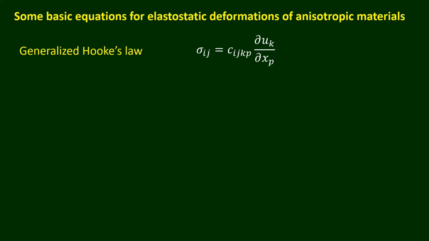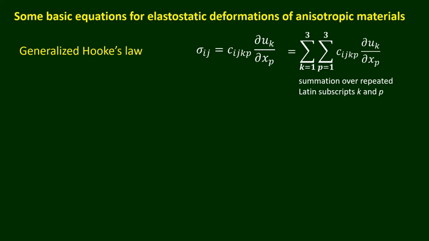The displacement and the stress are functions of the Cartesian coordinates x1, x2, and x3. The elastic moduli of the material are given by the Cartesian tensor Cijkp. The lowercase Latin subscripts have values 1, 2, and 3. The Einstein summation convention applies for repeated lowercase Latin subscripts over 1, 2, and 3.